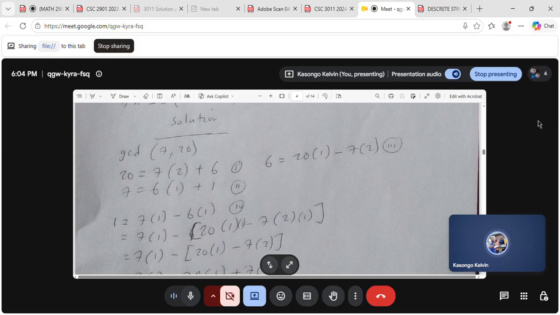Great. So the second last equation, when the remainder is 0, does it mean we have a remainder? No. The third equation from the bottom, do we have a remainder?